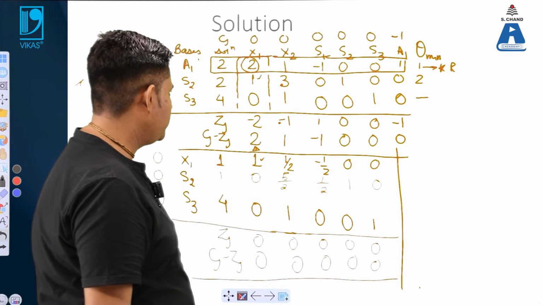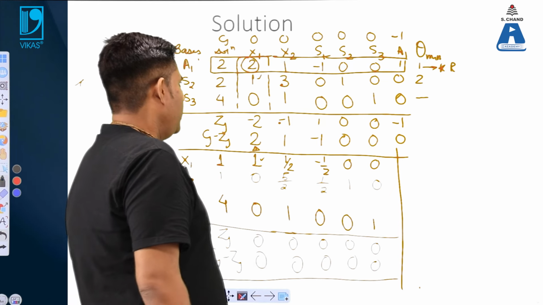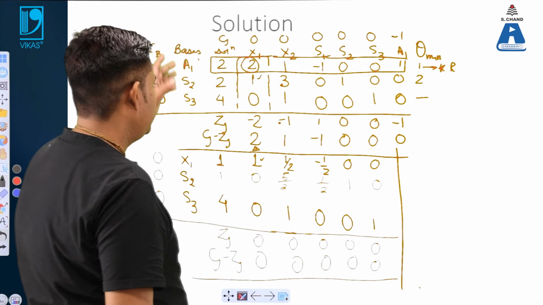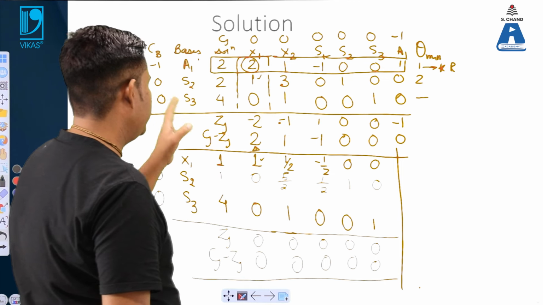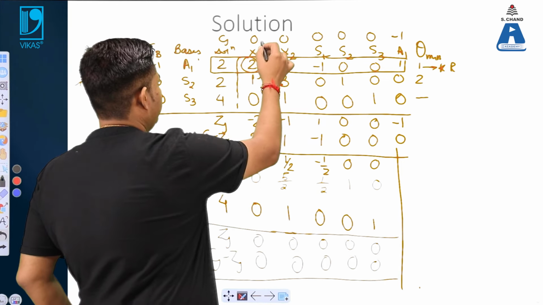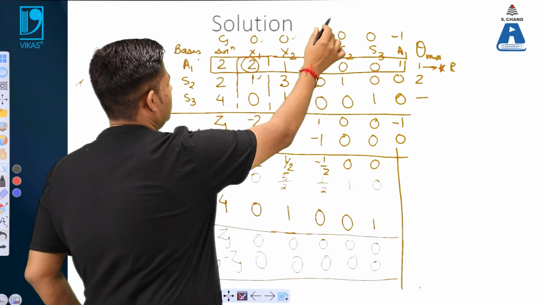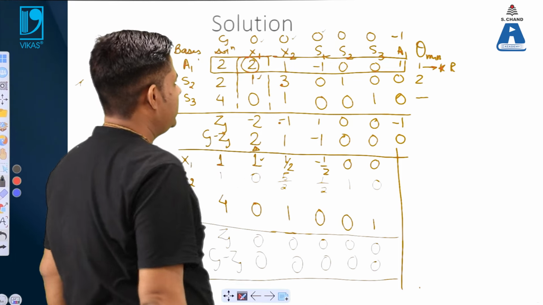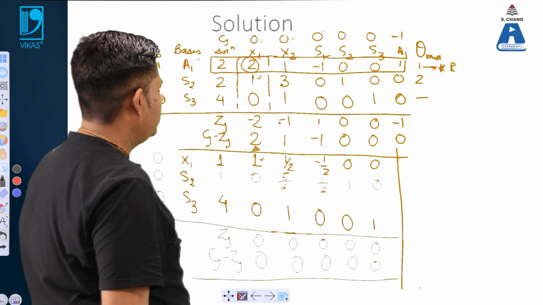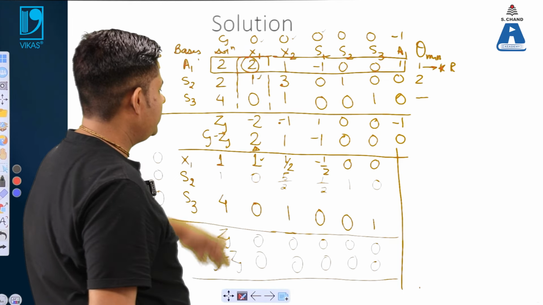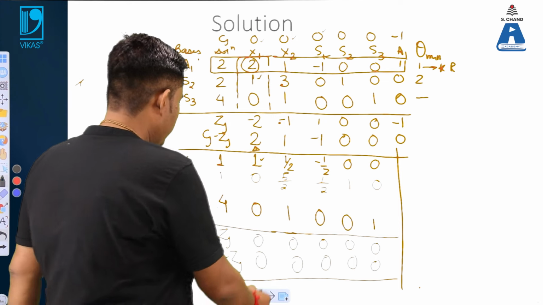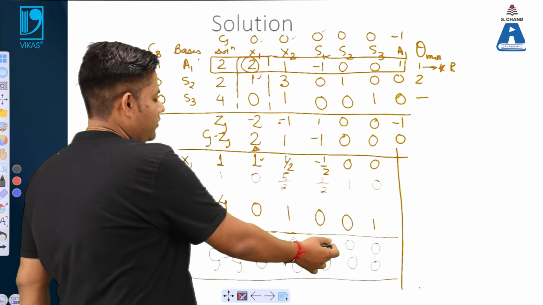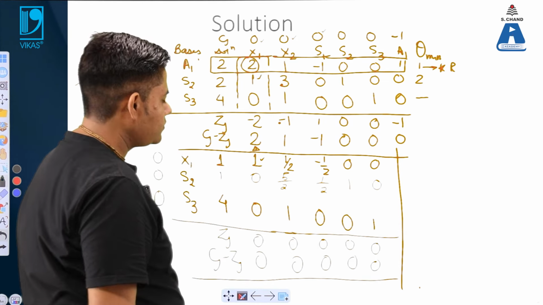So what we have done so far, we have written the same aspect of the two-phase method, and in the first phase we have taken all these elements as 0 and we have applied the general steps, and in those general steps we got the Cj minus Zj values to be 0.